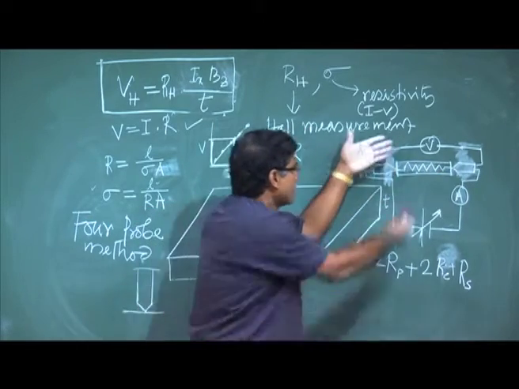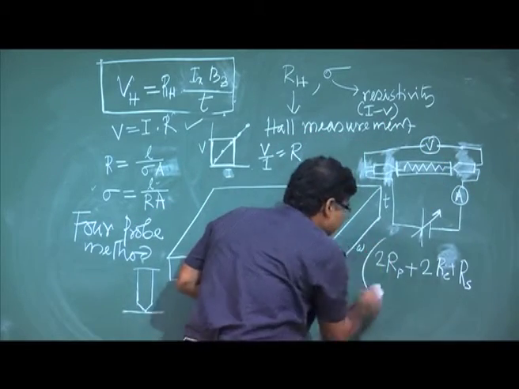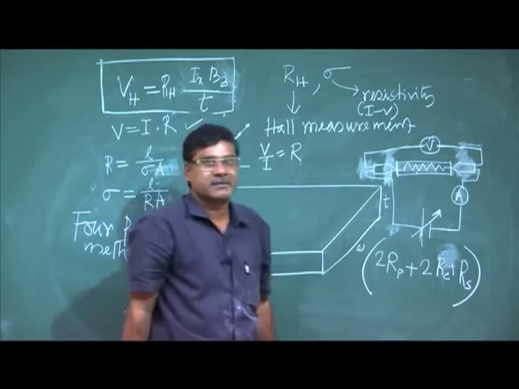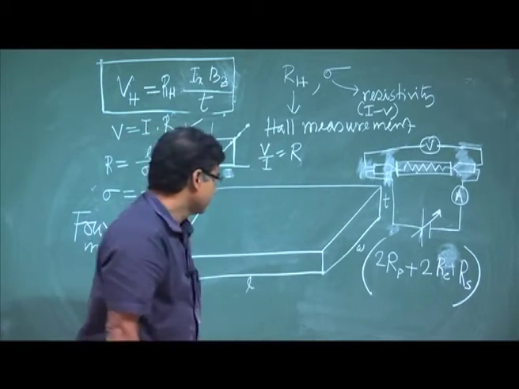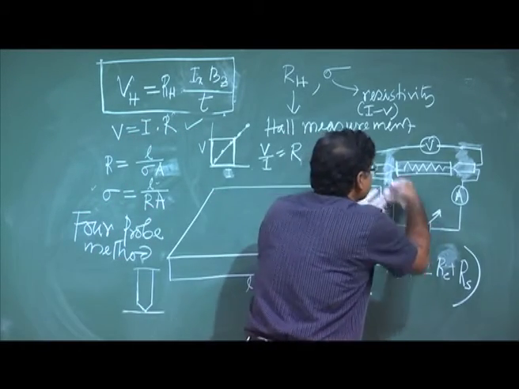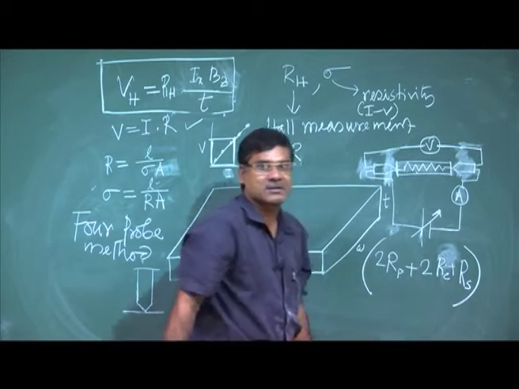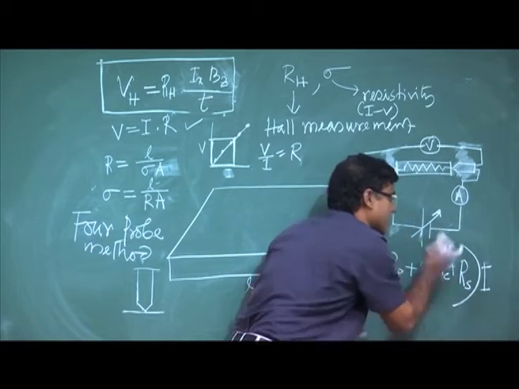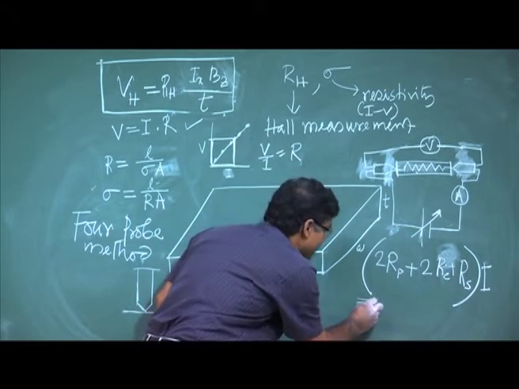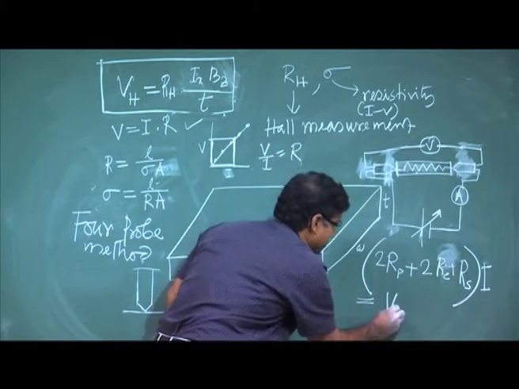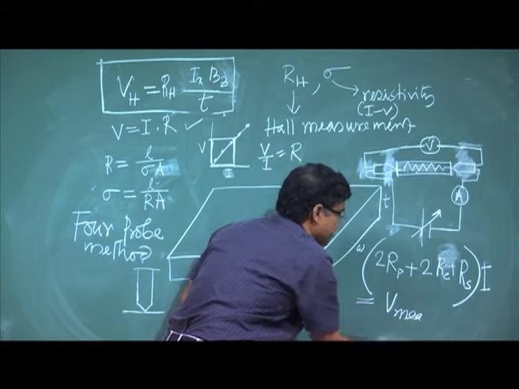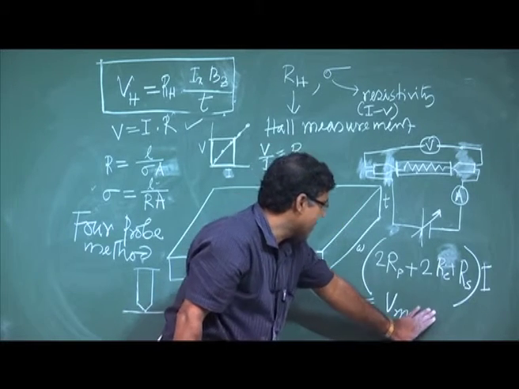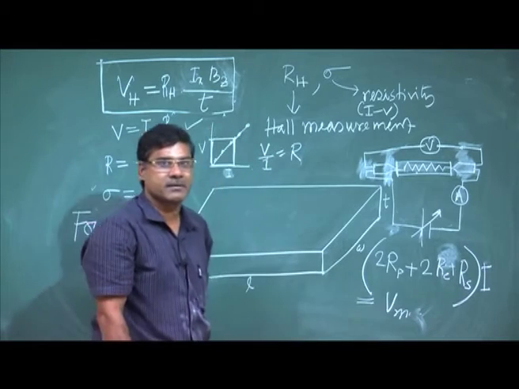Whatever reading the voltmeter gives, the current is constant, it is flowing, so this times I will be the voltage I am measuring, the measurement voltage, Vm.